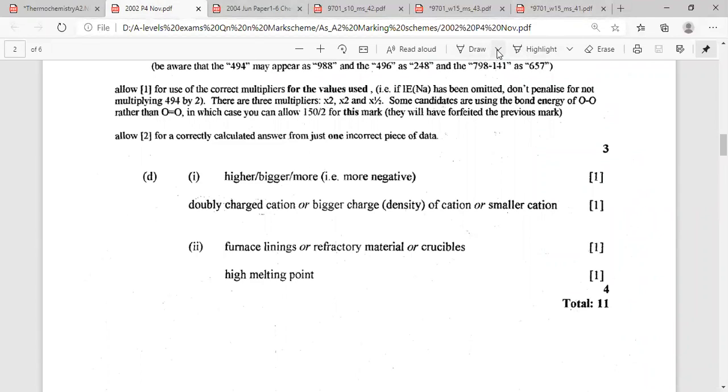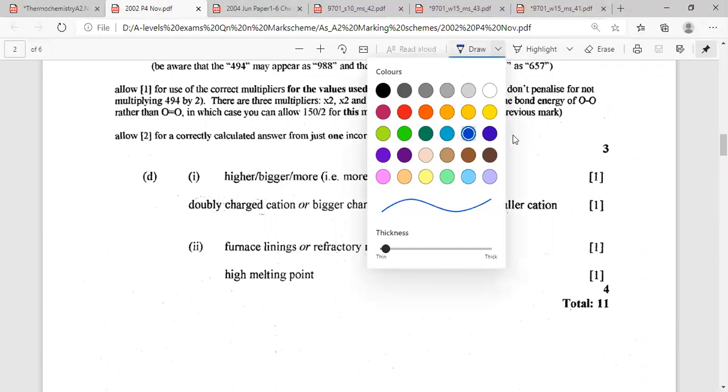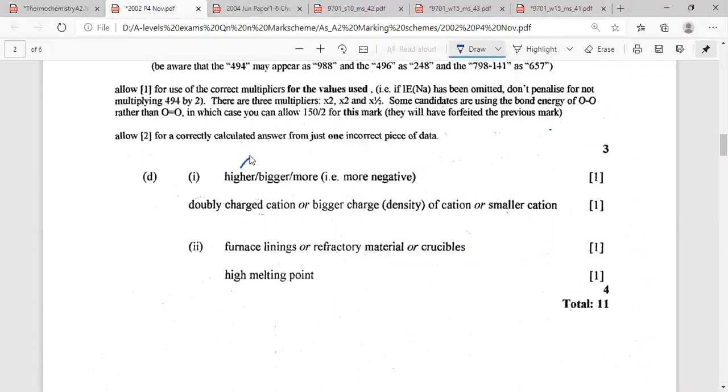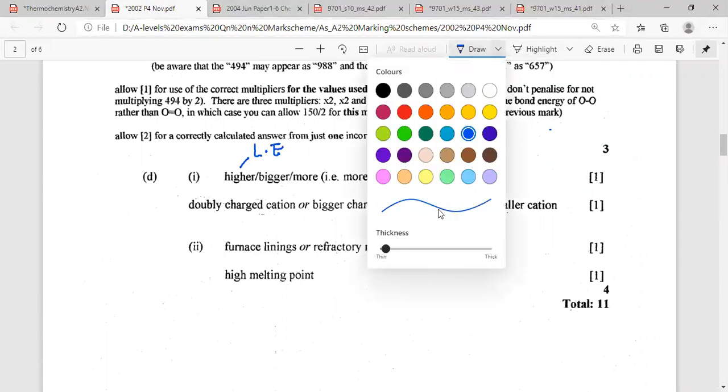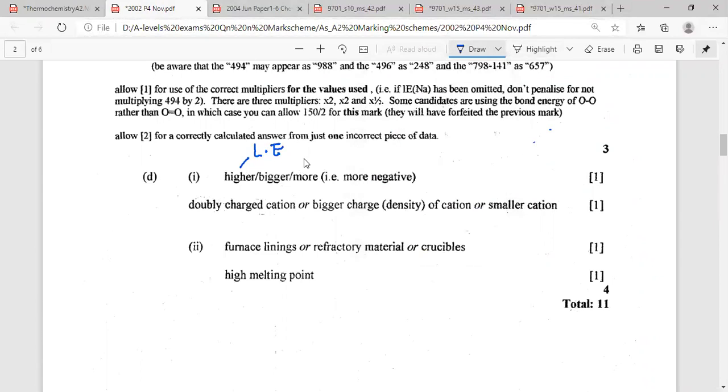Okay, the lattice energy of magnesium oxide is bigger, larger than Na2O. 1 mark. Okay, why? Doubly charged cation. The charge is larger. Magnesium is 2 plus. Whereas sodium is what?